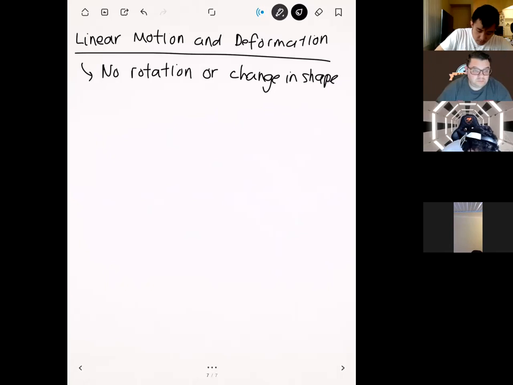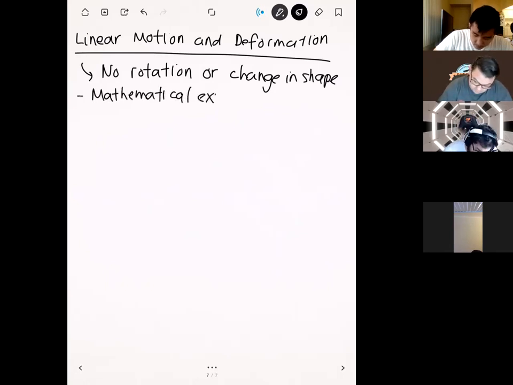Okay. And so, mathematically, what we're really interested in is what's called the relative rate of volume change. Okay. And so what we want is a mathematical expression for the relative rate of volume change.